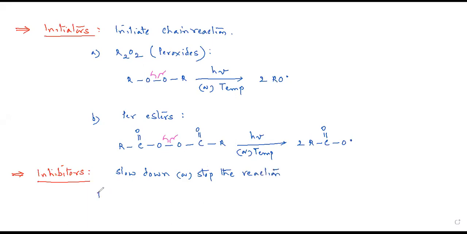For example, oxygen. See, this oxygen interferes in this way: it combines with the alkyl free radical to form this, to which another alkyl free radical gets added up to form a peroxide.